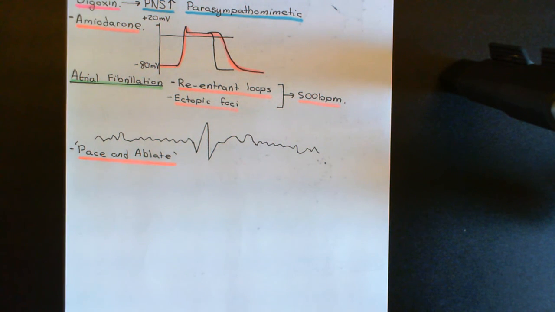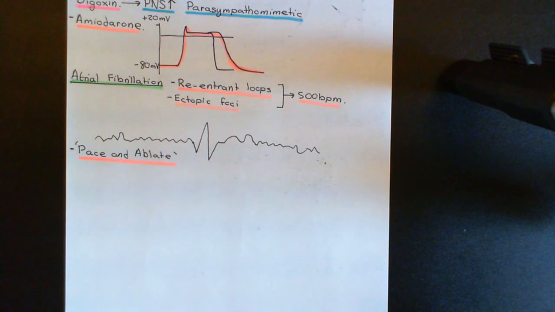So we acknowledge that the atria are a lost cause, and what we're going to do is cut them off from the ventricles and instead use an artificial pacemaker to drive ventricular contraction. So the idea then is to use catheter ablation to destroy the atrioventricular node, and if we destroy the atrioventricular node, then of course electrical signals from the atria cannot be propagated down to the ventricles. So yes, the atria can do whatever they like, but they're not going to influence the ventricles at all.